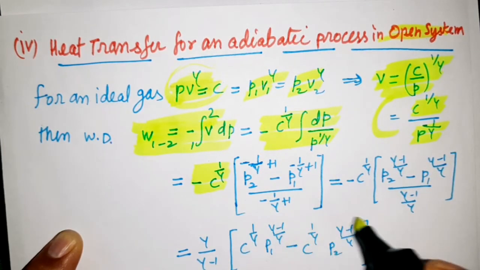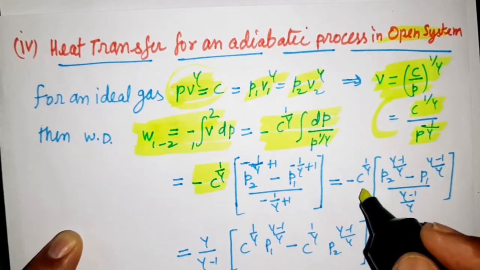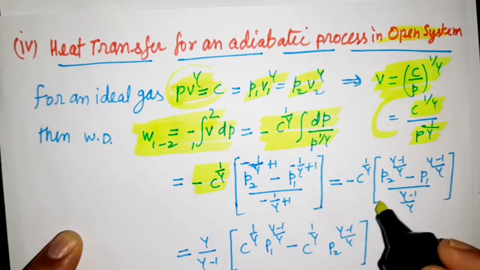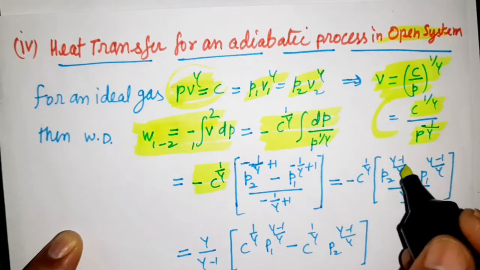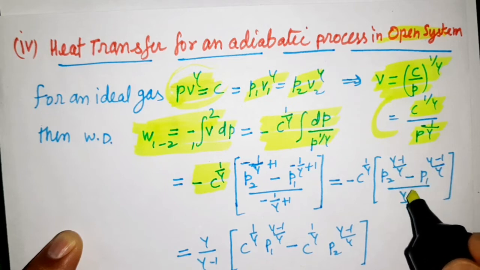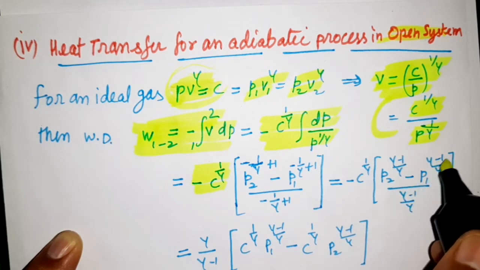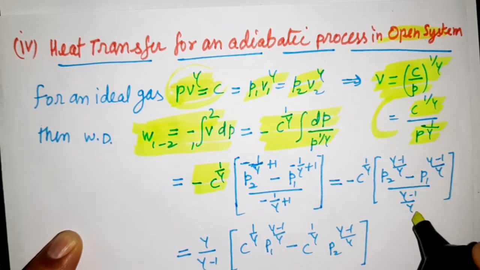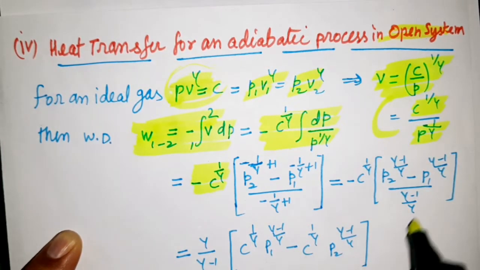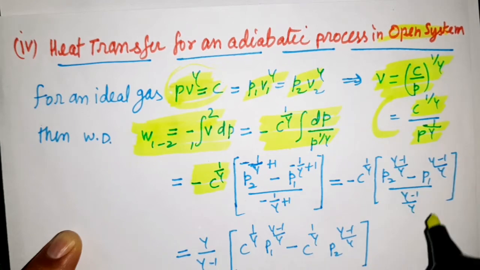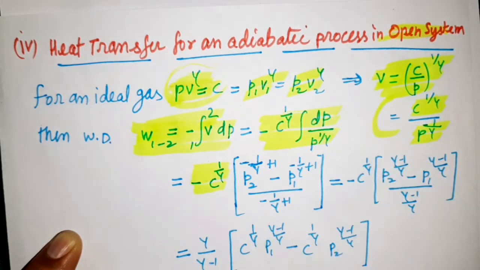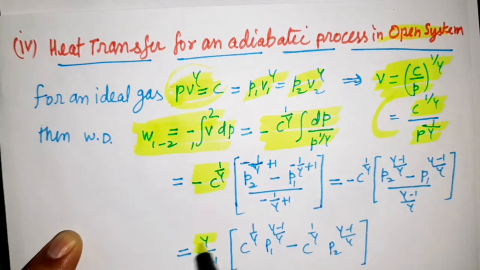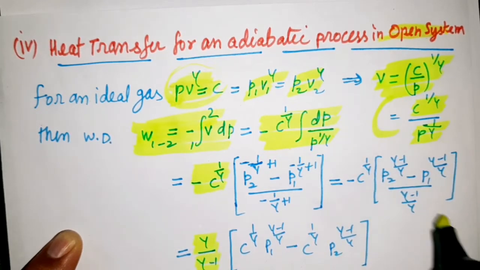So solving this we can say minus C to the power 1 upon gamma, in bracket P2 to the power gamma minus 1 upon gamma minus P1 to the power gamma minus 1 upon gamma, upon gamma minus 1 upon gamma. So now we can take this common, so this will be reversed. So this will actually be equal to gamma upon gamma minus 1 in bracket.